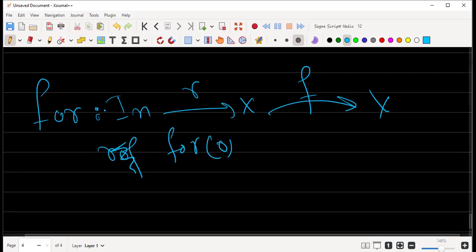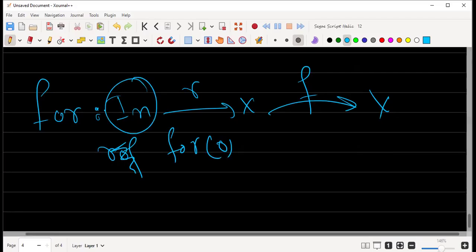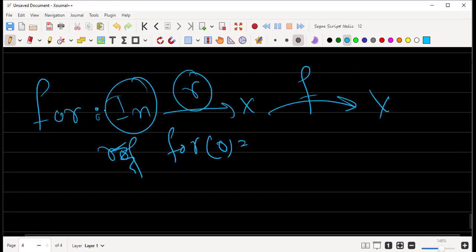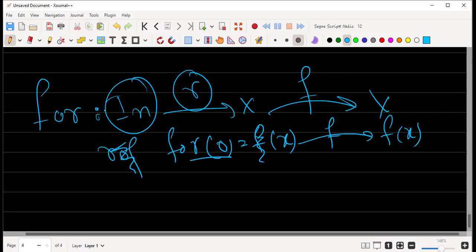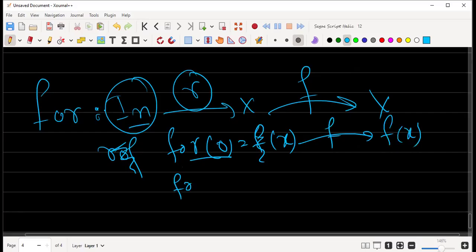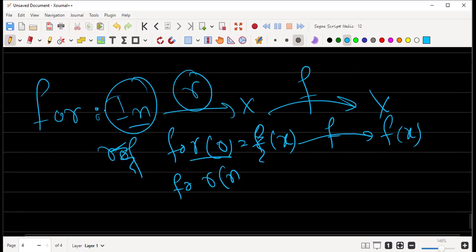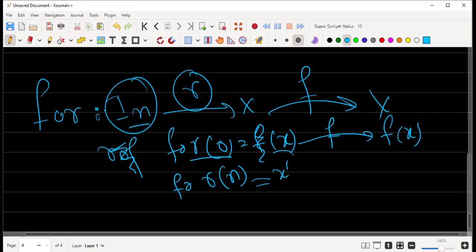If we substitute 0 in gamma, according to the definition of gamma we get x, and substituting x in f we get f of x. If we substitute n in this composite map, we get x prime, and substituting x prime in f we get f of x prime.